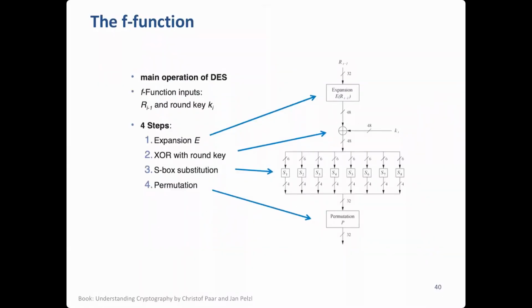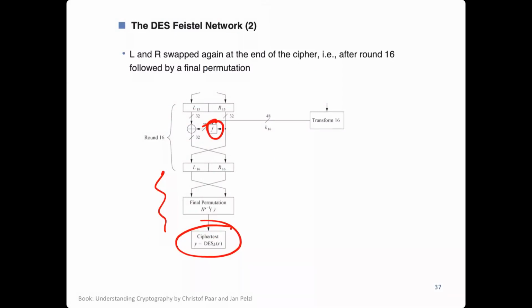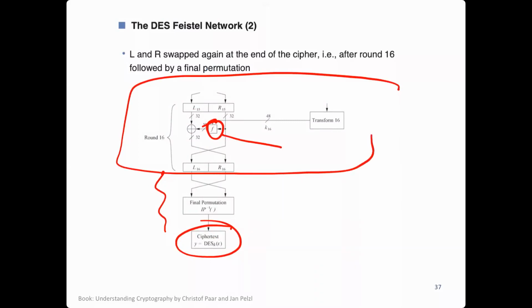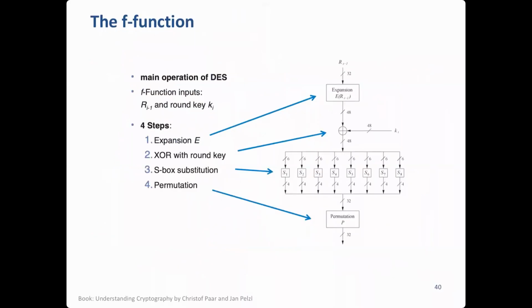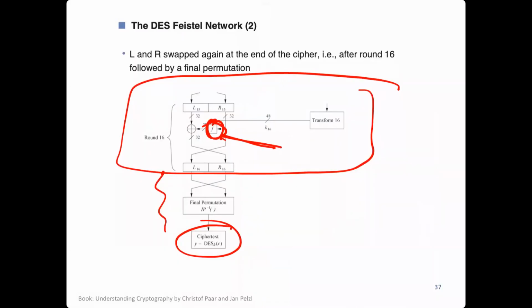Okay, now what is the F function that we see here? Now this becomes important. We say the heart of all this is this, but the inner heart of all this is this F function. The F function works this way: you have input that comes from the top, this R, 32 bits.